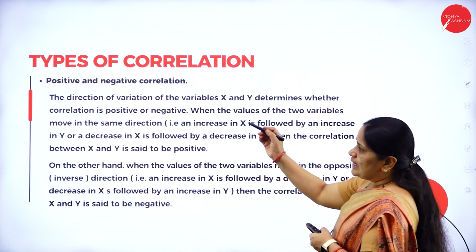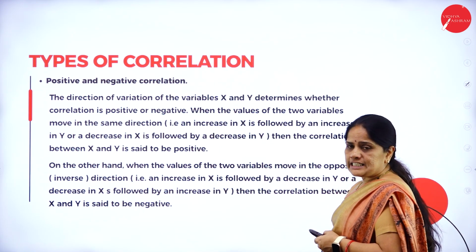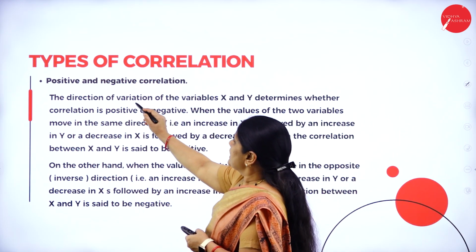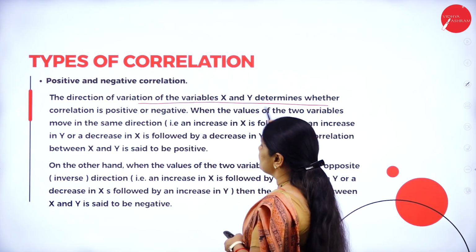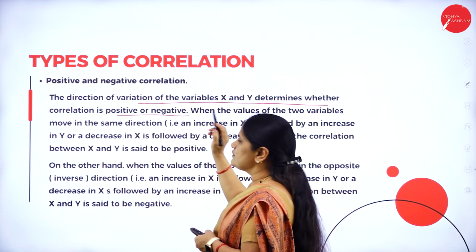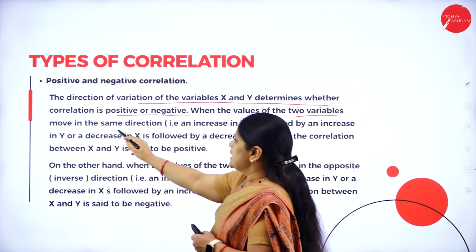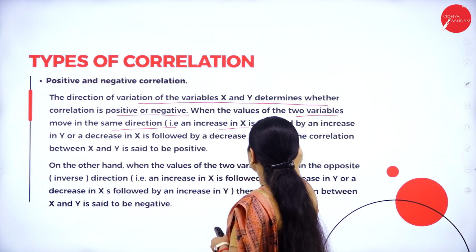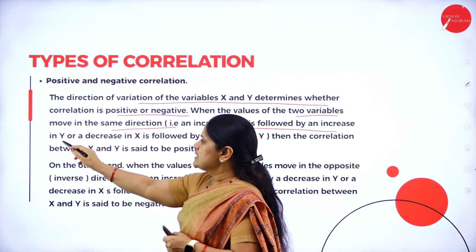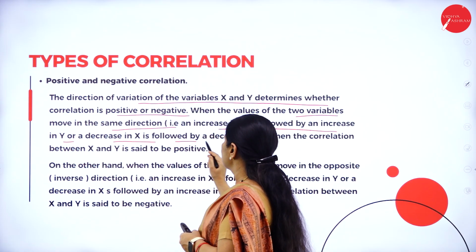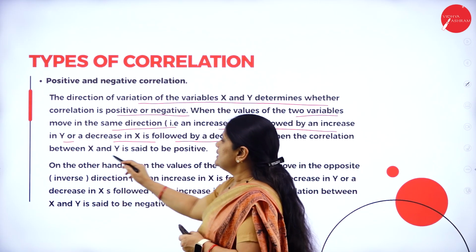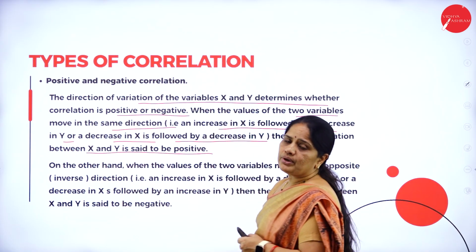Now, let us see what positive and negative correlation is. The direction of variation of the variables determines whether the correlation is positive or negative. When the values of the two variables move in the same direction, that is, an increase in x is followed by an increase in y, or a decrease in x is followed by a decrease in y, then the correlation is said to be positive.